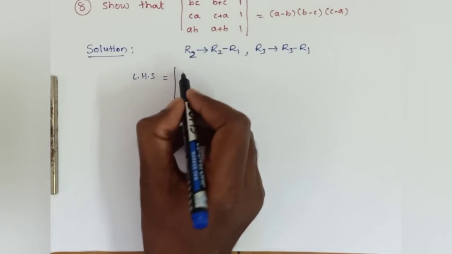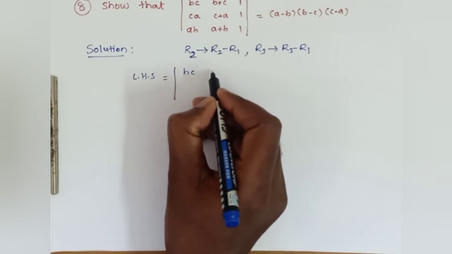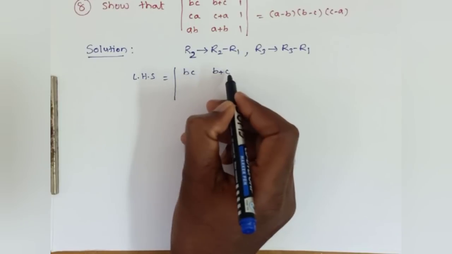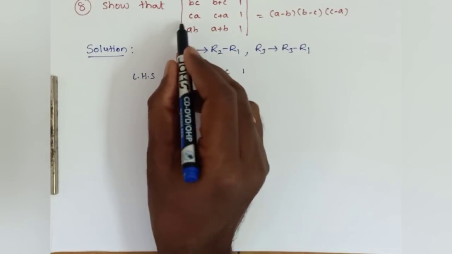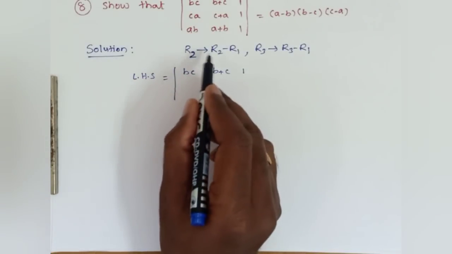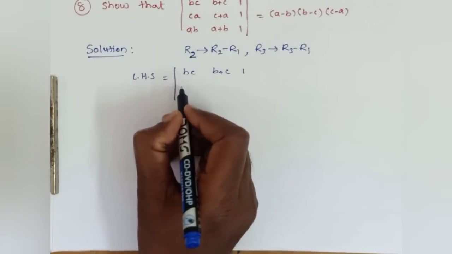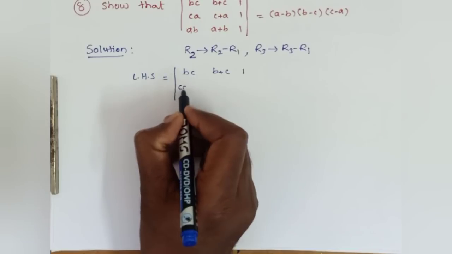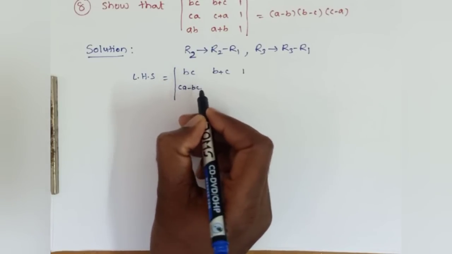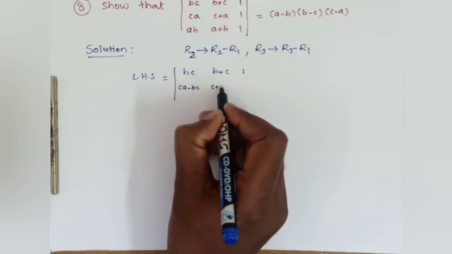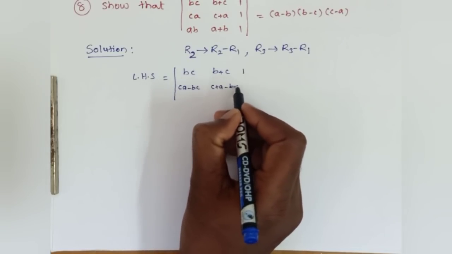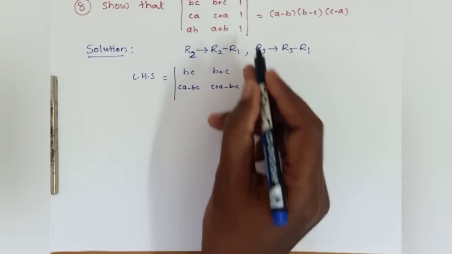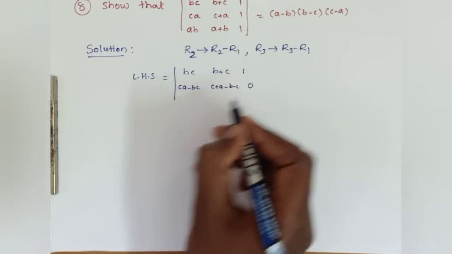Now there is no change in the first row, that is BC, B plus C and 1. There is a change in row 2, that is row 2 minus row 1: CA minus BC, next C plus A minus of B plus C, that is minus B minus C, and 1 minus 1 is 0.